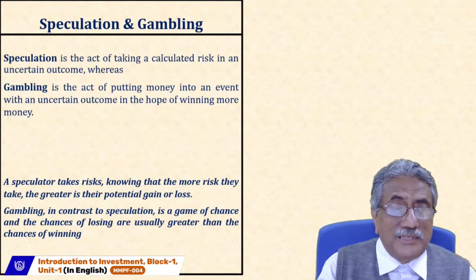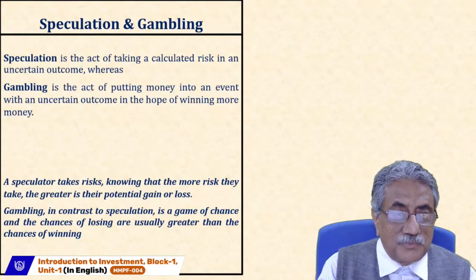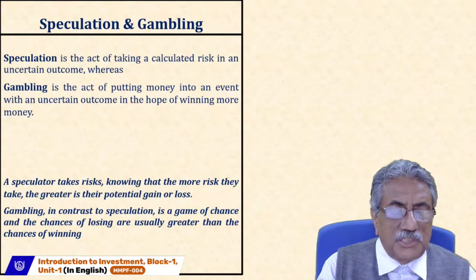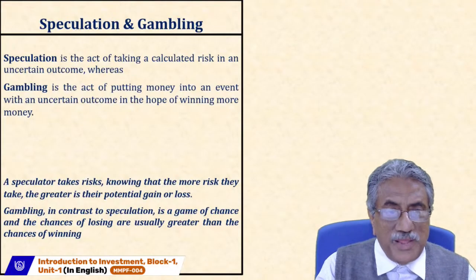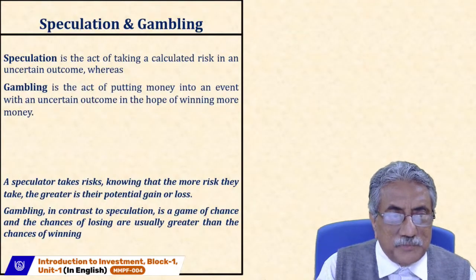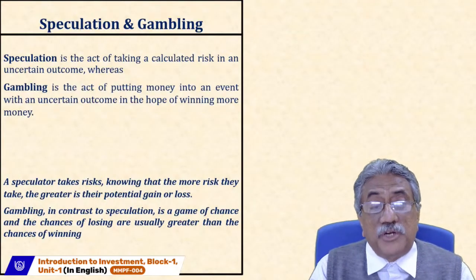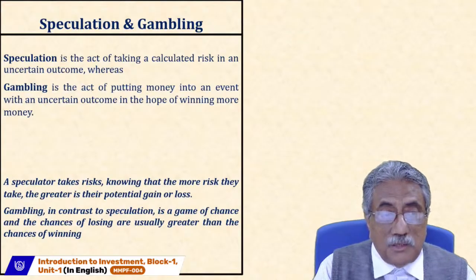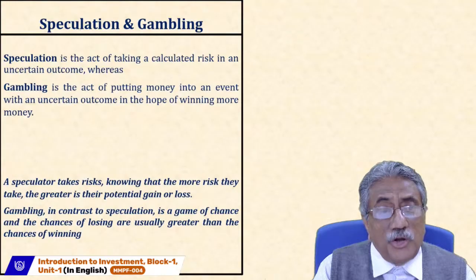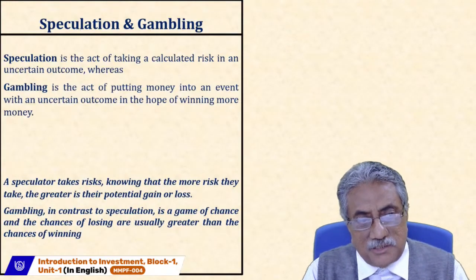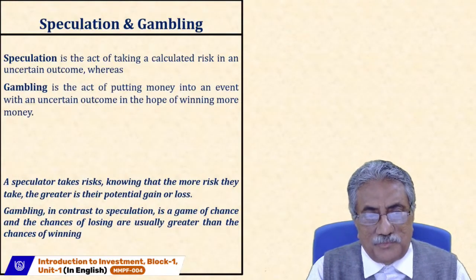So why don't we buy some Titan stocks? Because Tanishq is selling gold, so the price will go up. So this is a calculated speculation. It may happen, it may not happen. The expected return may not be as per your expectation, or it can be more than your expectations.